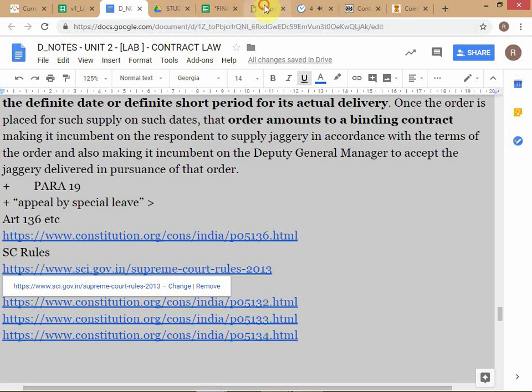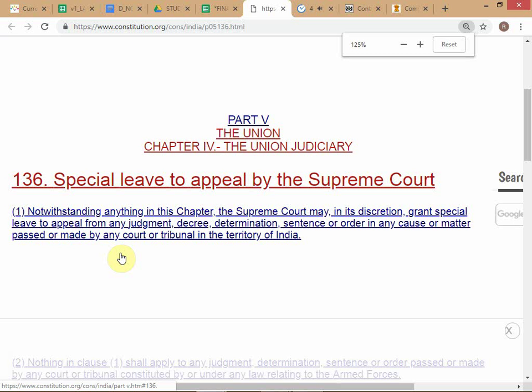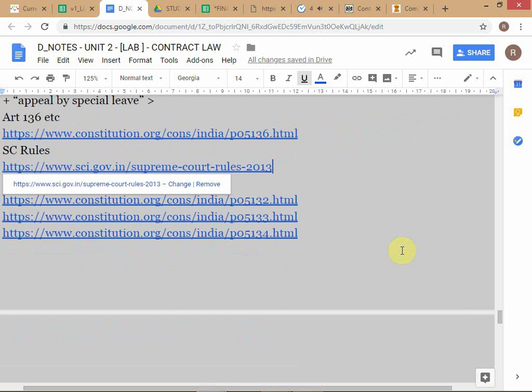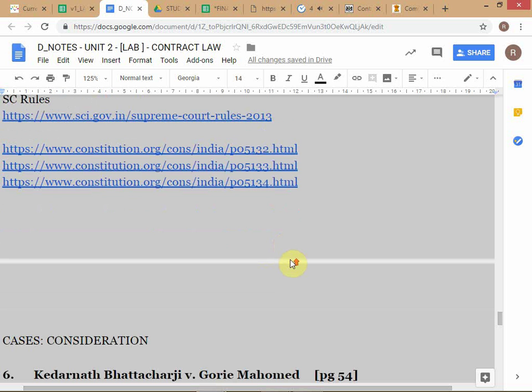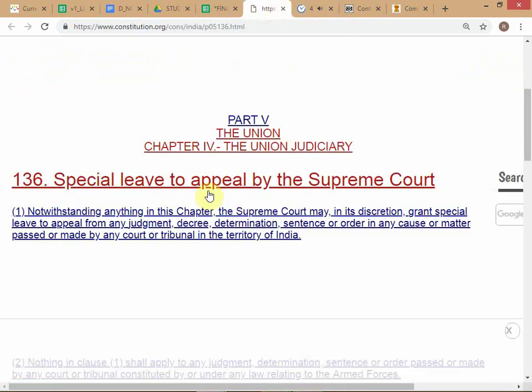Now what we are just showing you is that there is this Article 136. The other provisions that we're going to look at are Article 136, and then 133, 132, 134, etc. If you see what it says in Article 136, we learn about something else, which is this expression.